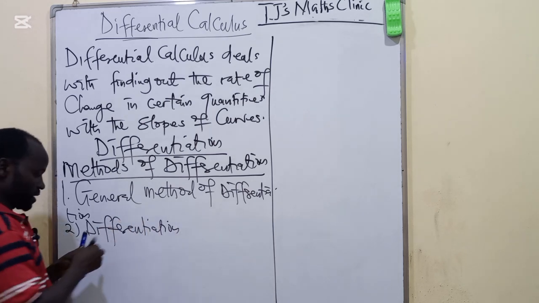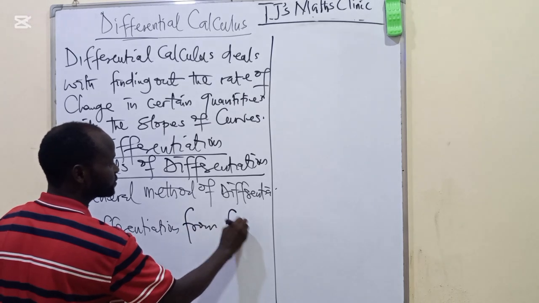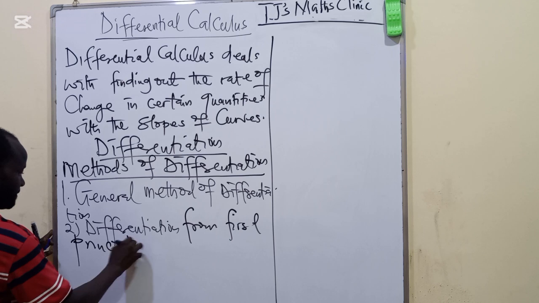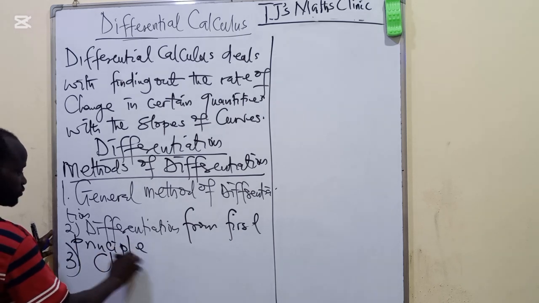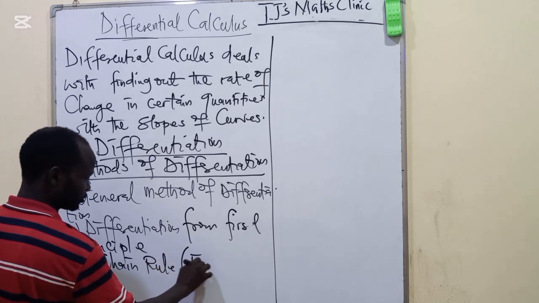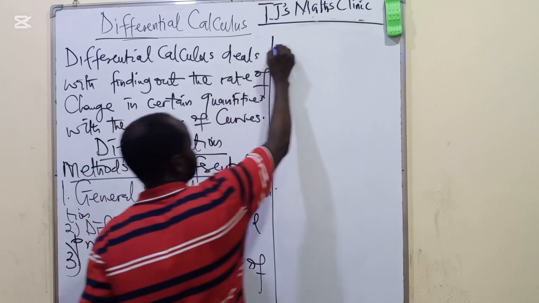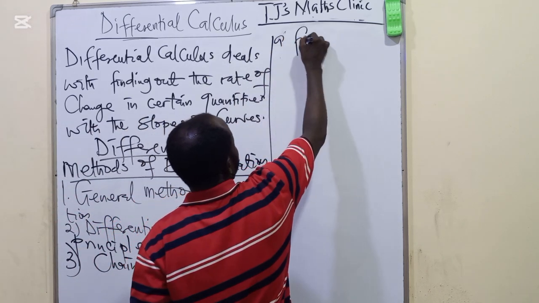Then number three, we have what we call chain rule, that is function of a function.